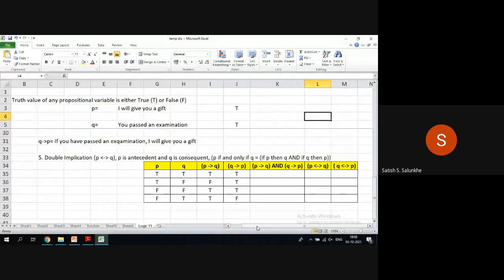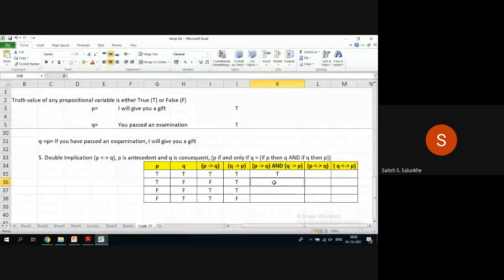So if you take the AND operation, the result is true, result is false, result is true, result is false.